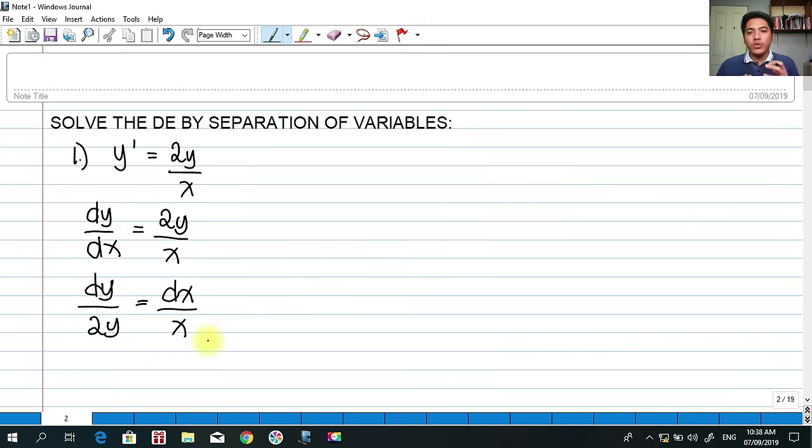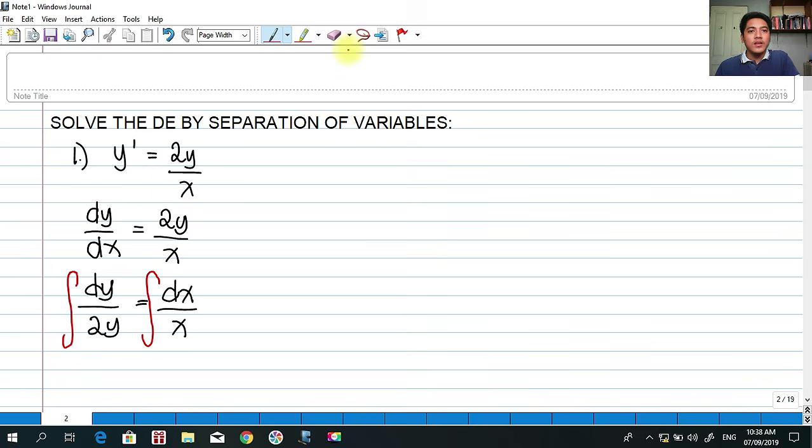In order for us to get the solution upon grouping these variables with their respective dy and dx, what we are going to do next is integrate both sides of the equation.